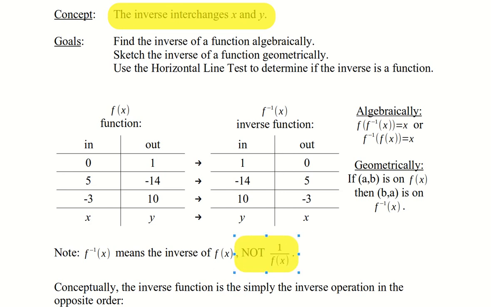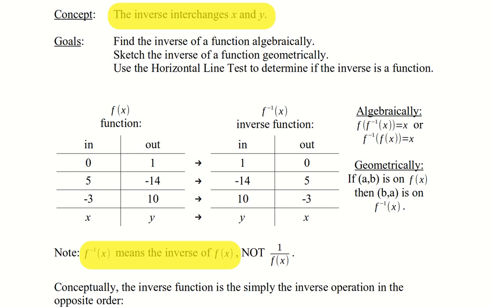This is not the reciprocal of f of x. In other words, it's not 1 over f of x. It's something much more unique to f, whatever that function is that we started with. It is the inverse of f of x. So that is our notation. We're recycling notation that meant something different before and now means the inverse.